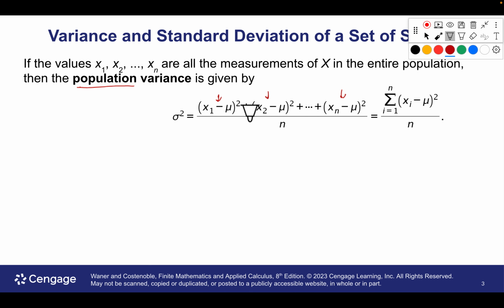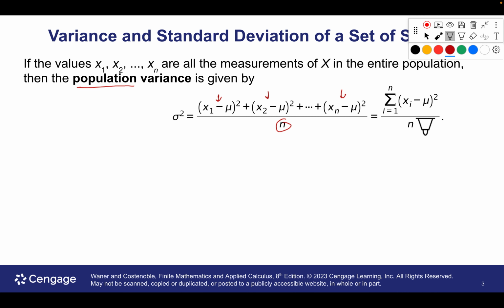When you square a number, what happens to it? If it's negative, it becomes positive. If it's positive, it stays positive. So now all the numbers are positive, and if we add them together, we get a value. And we divide by however many pieces there are. So we're getting sort of the average distance from the mean, but because you're squaring it, it's the average distance squared.